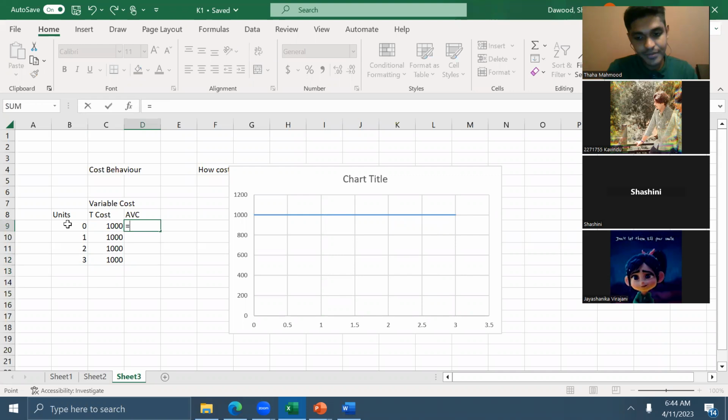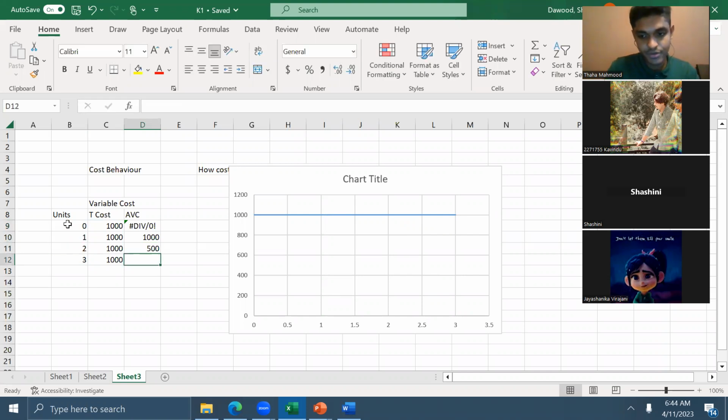Average fixed cost behaves in something, the behavior of this curve we call a rectangular hyperbola. It looks like something like this.